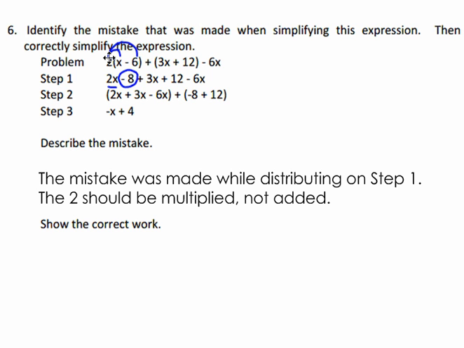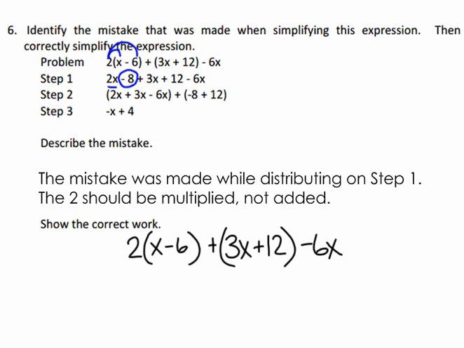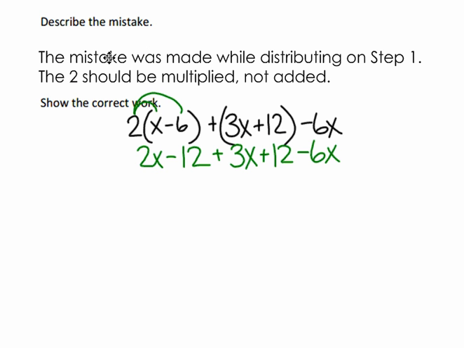So now when we correct it, I'm going to copy the entire expression as it started. And this time we're going to make sure we multiply when we distribute. So 2 times x is 2x. 2 times negative 6 is negative 12. Plus, and then we don't really need the parentheses anymore because we're not needing to distribute or multiply. We're just adding. Now we're going to combine like terms.